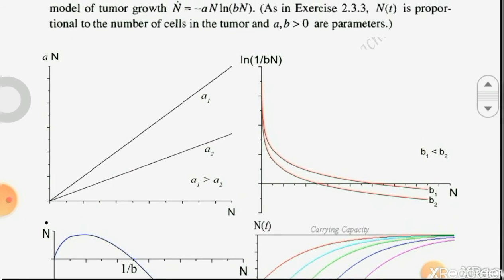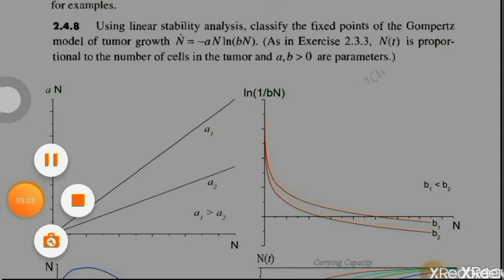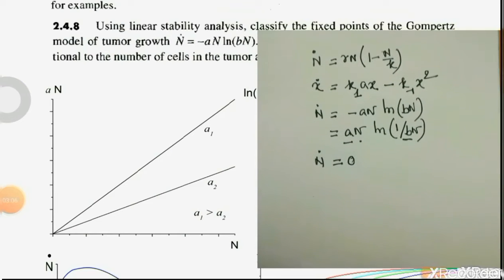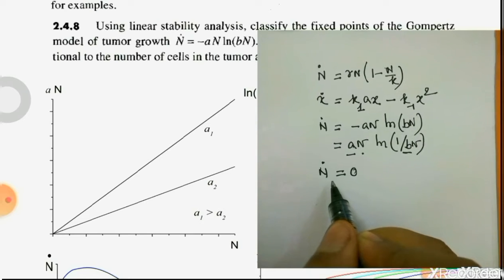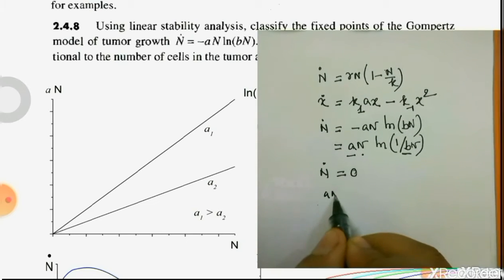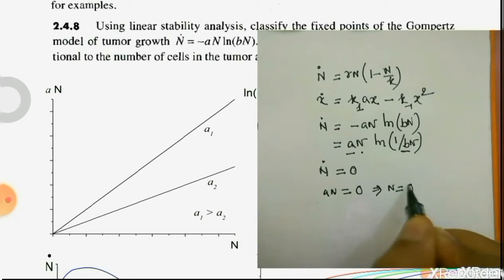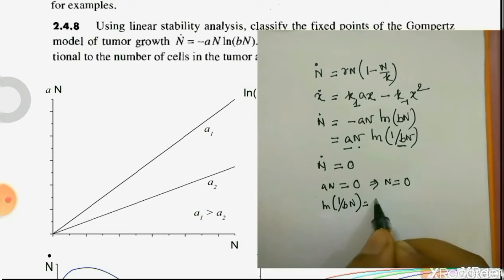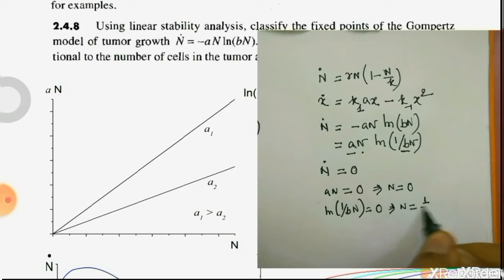The resultant value, that is n dot, is the multiplication of these two graphs. So, if we want to check the fixed point, then to satisfy n dot is equal to 0, we must have a n is equal to 0, which gives n equals to 0, and ln 1 by b n equals to 0, which leads to n equals to 1 by b.